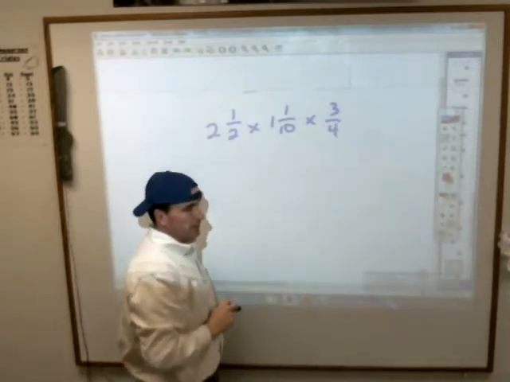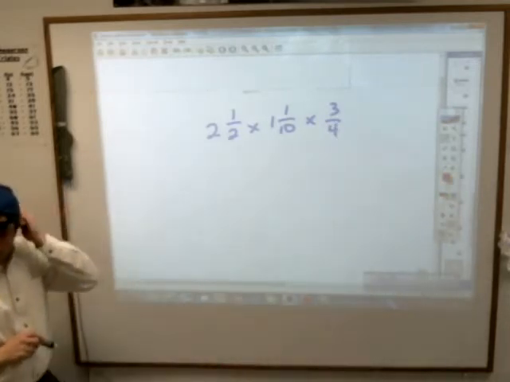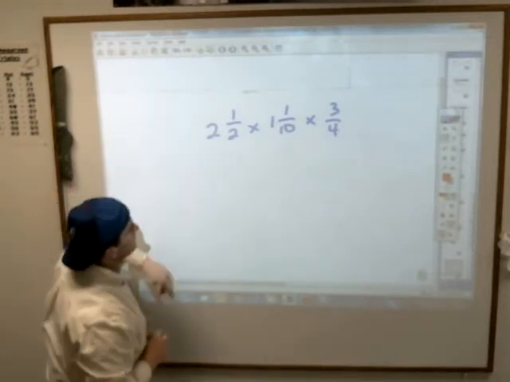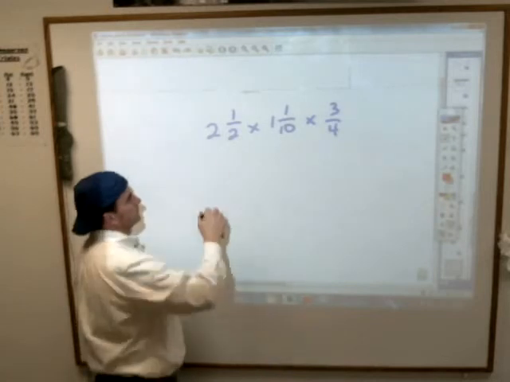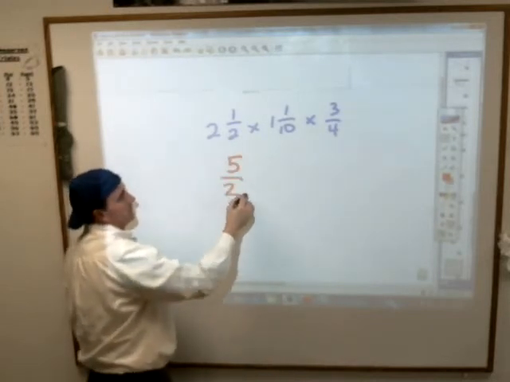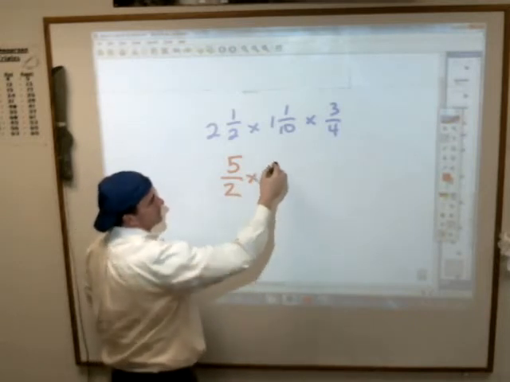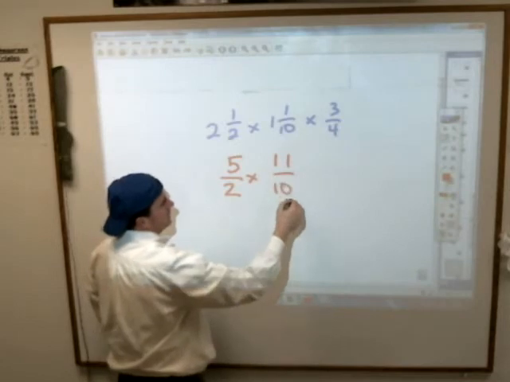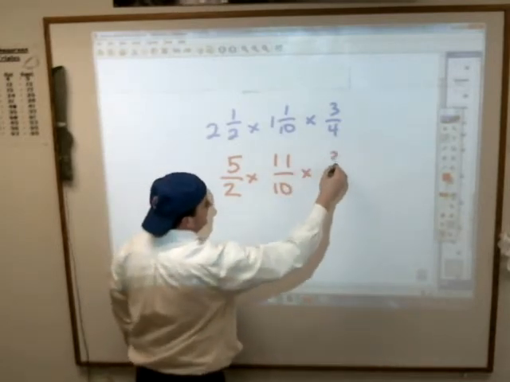First thing I'm going to have to do here is change the mixed numbers. Right. So 2 1/2 becomes 5 halves, correct? 1 1/10 is 11 tenths, and 3/4 stays 3/4.